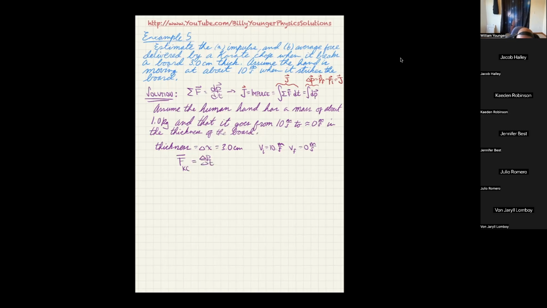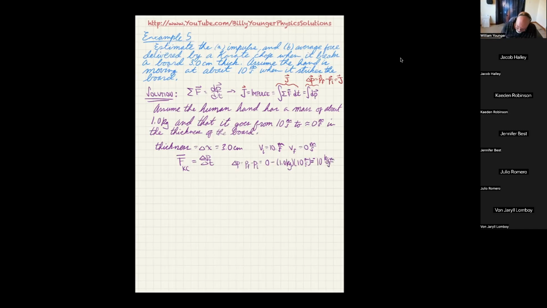delta T. So I need delta P, which is a change in momentum, and I need delta T, which is how long the person is contacting the board while they're breaking it. So I'm going to say delta P, which is P final minus P initial, is in fact 0 minus 1.0 kilograms times 10 meters per second, which equals negative 10 kilogram meters per second.